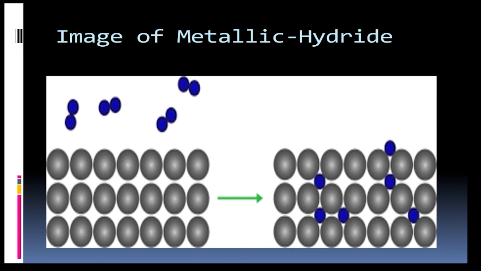Since the gaps or the voids which are available here are of sufficiently big size where hydrogen atoms can occupy themselves, these voids are the interstitial spaces occupied by small sized hydrogen, and this becomes a non-stoichiometric or interstitial or metallic hydride.